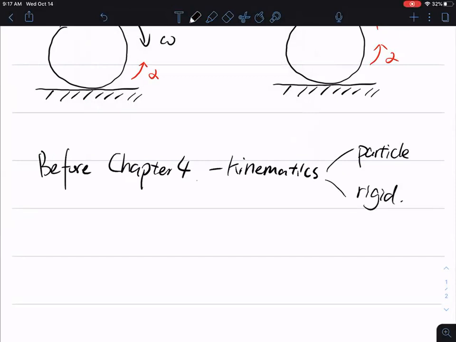What's the difference between particles and rigid body? Size, dimensions, but in terms of equations, what is something that's totally different?